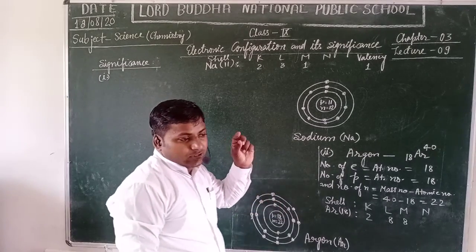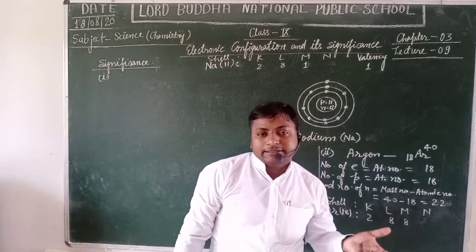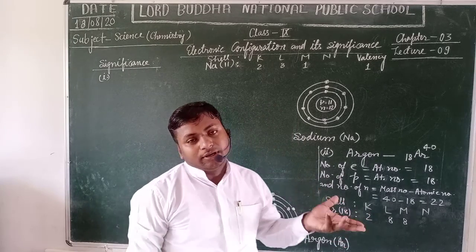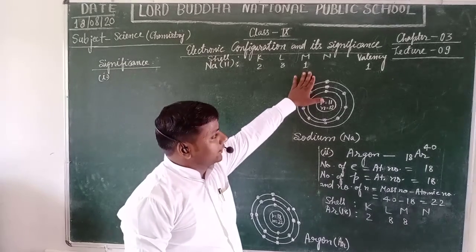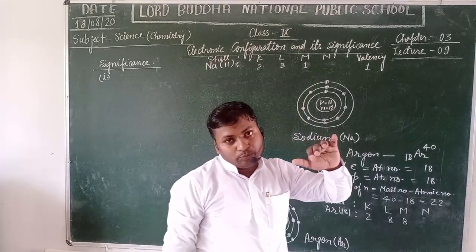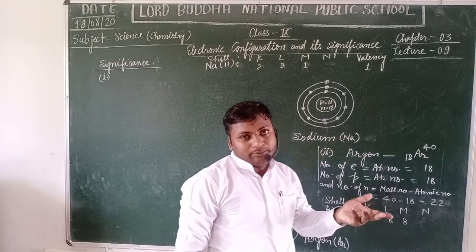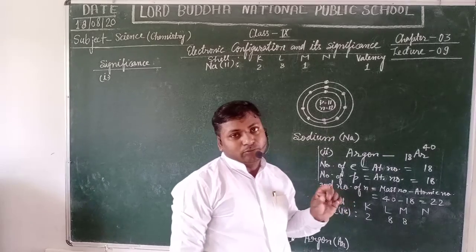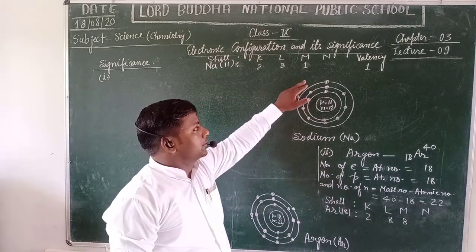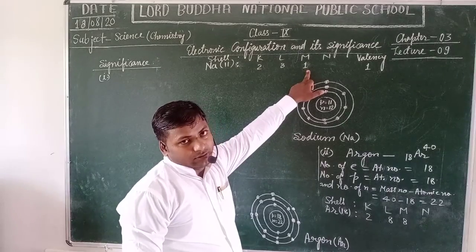If the number of electrons in the outermost orbital of the atom is more than 4, it means 5 or more, then it can be determined by the formula n minus 8, where n is the number of electrons present in the outermost orbital.